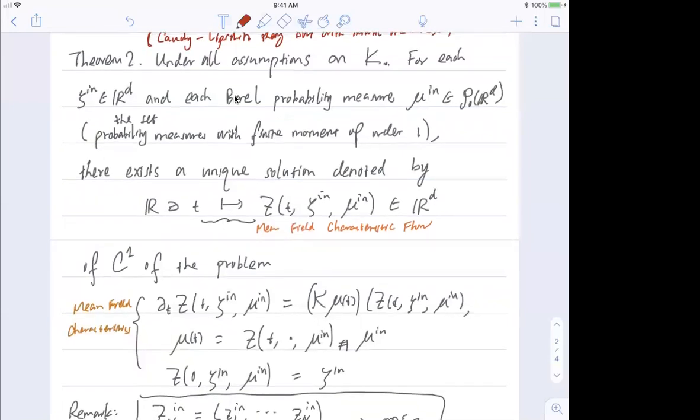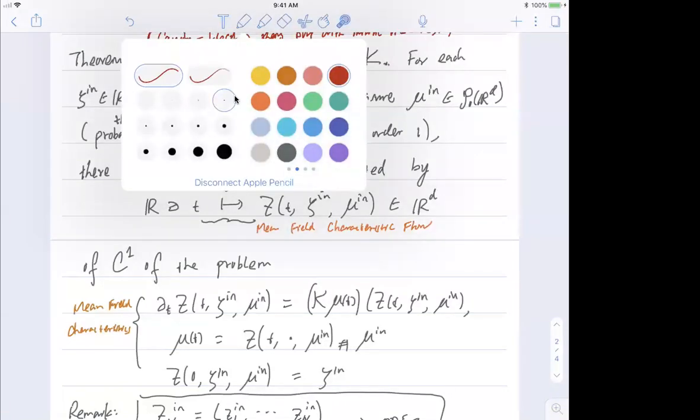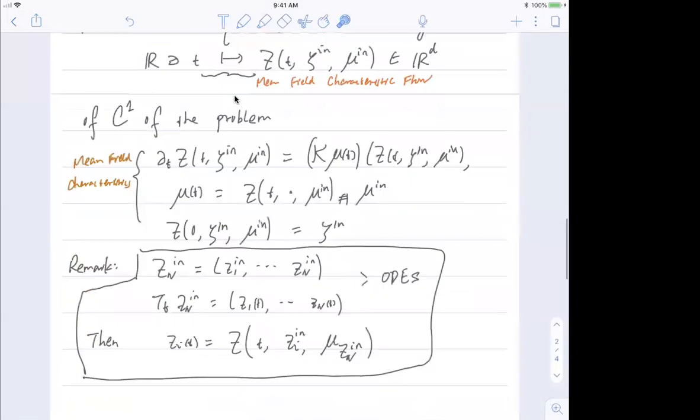But here we have the initial measure. So the dynamics is self-consistent. The measure plays a role here, and the flow will push forward the measure. There's an evolution of the measure, and the evolution of the measure is given by the mean field dynamics, and the flow is given by the self-consistent ODEs. Just this dynamics. Okay.